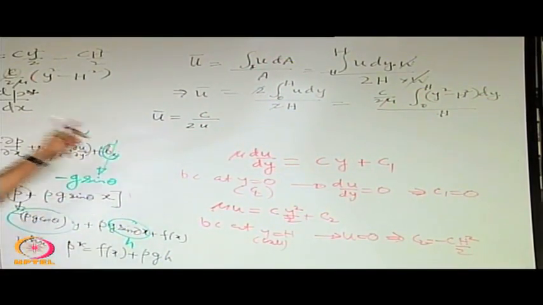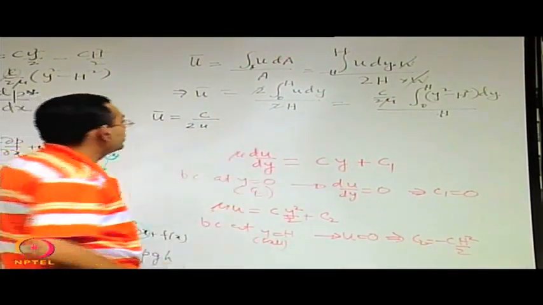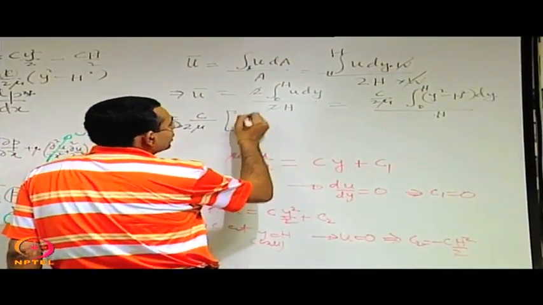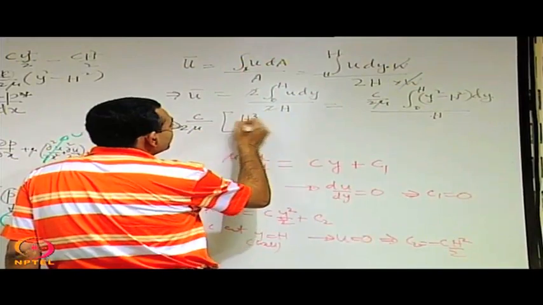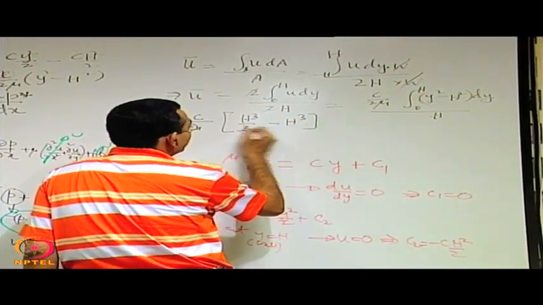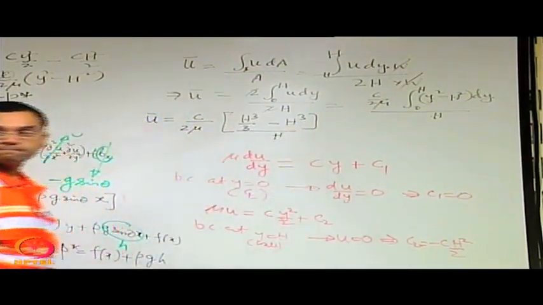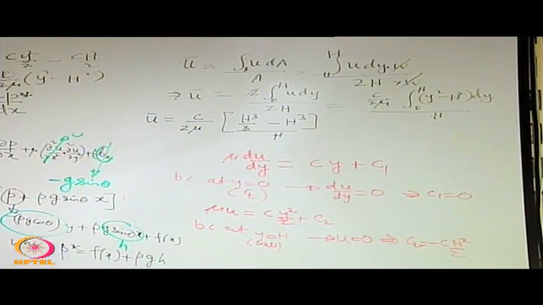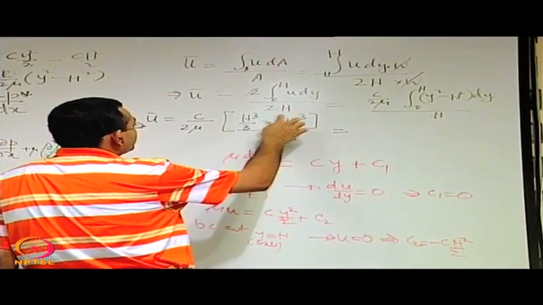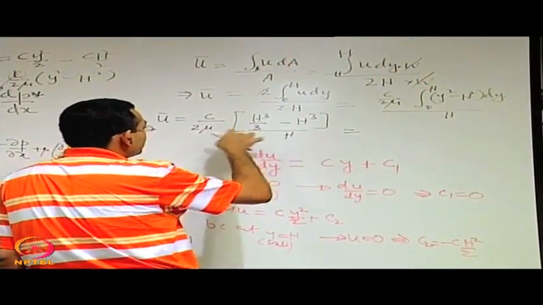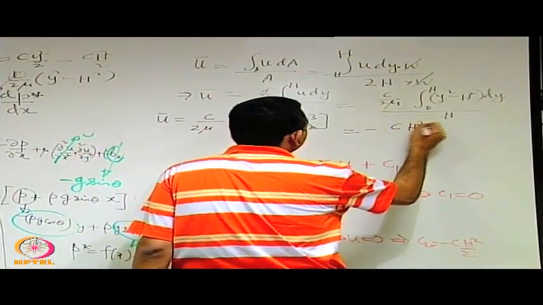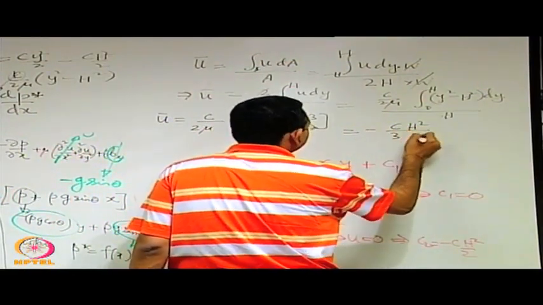So c by 2 mu into the integral of that, so h cube by 3 minus h cube, that divided by h, right. So this becomes 2/3 minus of 2/3, so that becomes minus c h square by 3 mu.